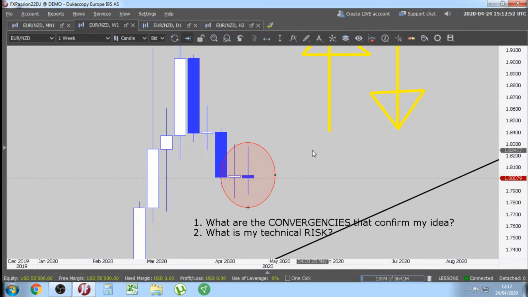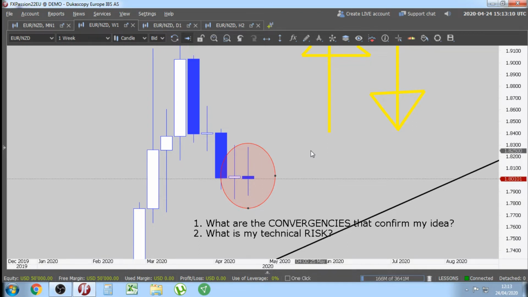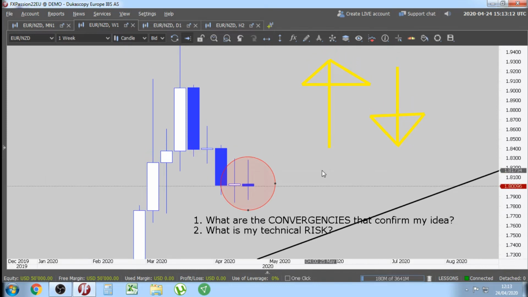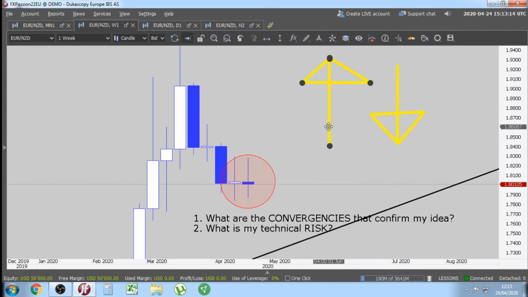Yes, you're right, long term, Miguel, but what about short term? That long wick on the top is very bearish. Yes, you're right, but it doesn't matter because the body of the candle is still small. This still makes it an undecision candle. Okay? You can do anything you want, everybody, but if you ask me, we don't have any convergences.